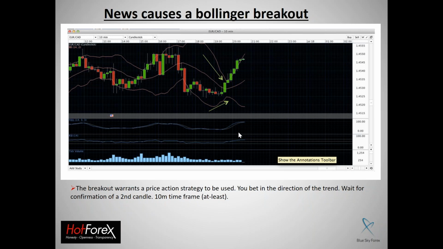As for pairs, use the pairs that the news is coming out on. For example, if you have news on the US economy, it makes little sense to trade, let's say, Euro GBP. It won't be affected. So you need to trade the currency pairs that contain the currency that the news is affecting.